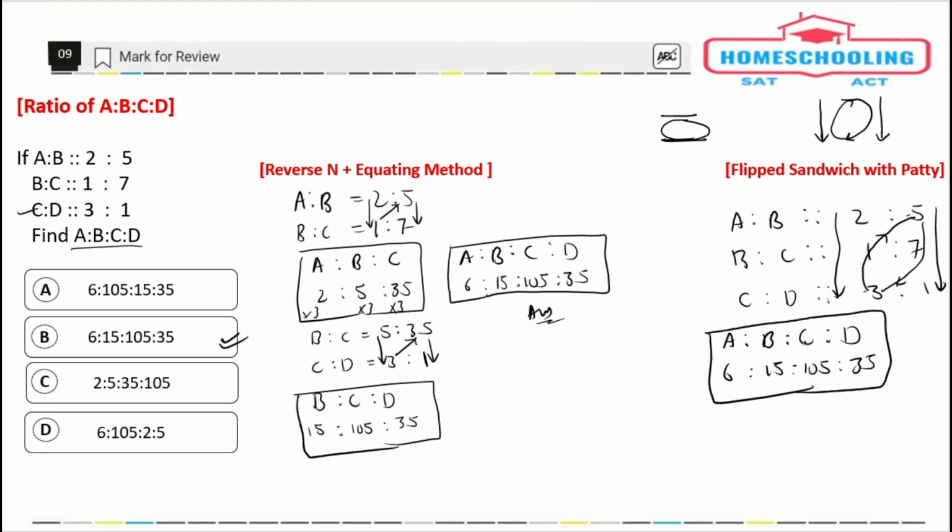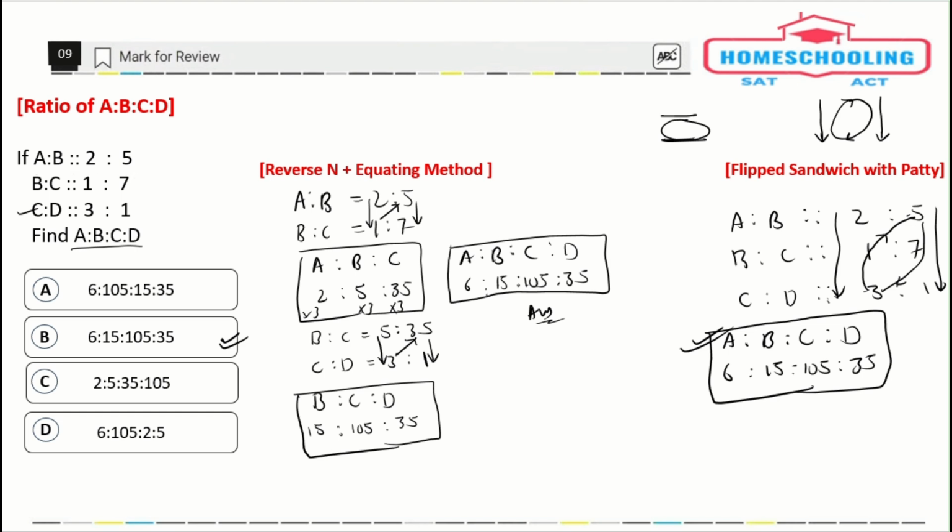So this is your flipped sandwich with a patty method. I think no one is teaching this method on YouTube right now. So this is the best method to solve when there are 4 ratios like this one. Or you can also use the reverse n plus equating method.